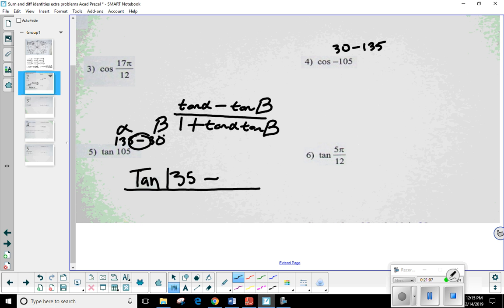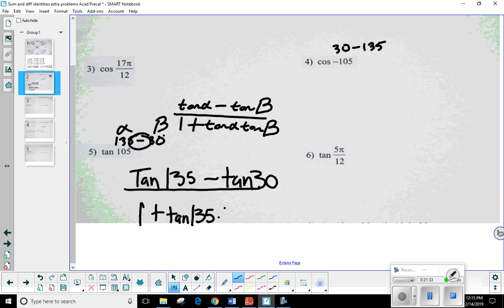And then wouldn't it be like tangent what? 30? Tangent 30. Okay. Over. And now we'll fill in the denominator. So we have the 1 plus. And then you said tangent of alpha was tangent of 135 times what? 30.